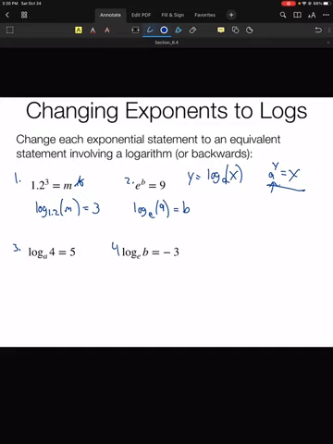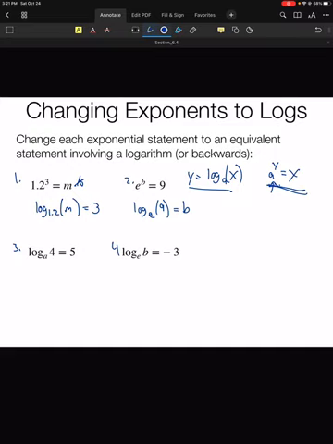That might be helpful to us, but often we'll want to go backwards. If we look at number 3 and I wanted to solve for a, it'd be awfully hard to think in terms of logarithms. I could, however, easily think in terms of exponents. We're much more familiar with that. So let's change this from a logarithm to an exponential.